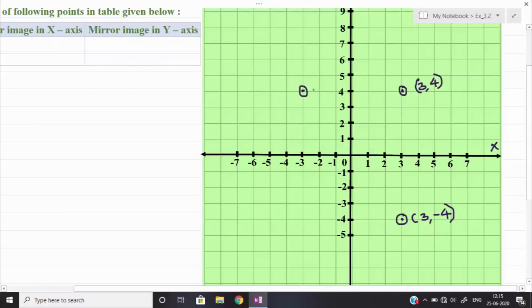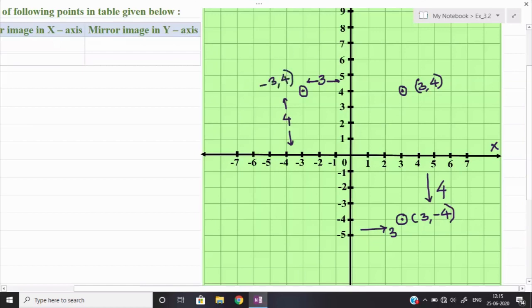This distance is 3 and this distance is 4 vertical from the y-axis. In the same way from the x-axis, this distance is 4 and this distance is 3. So this point will be called minus 3 comma plus 4.